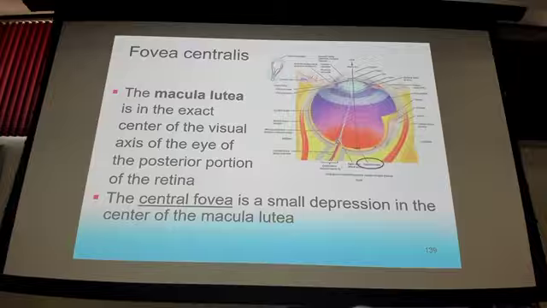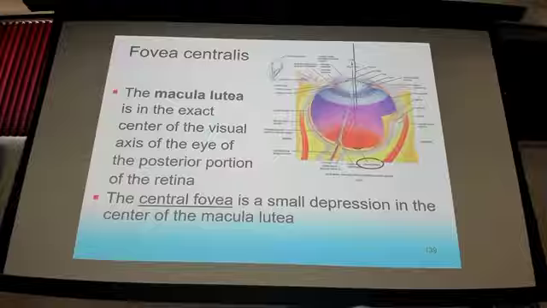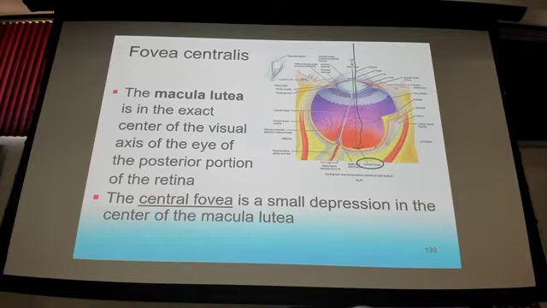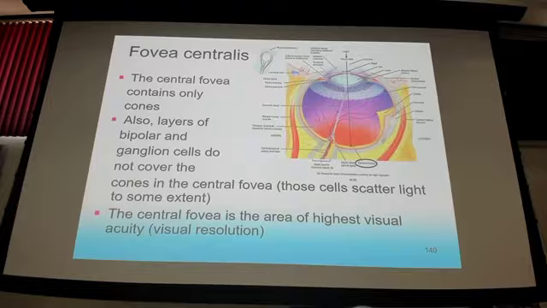As light comes into the eye, goes through the cornea, through the lens, we want the light to strike exactly at the central fovea of the macula lutea. We want it to hit right there. If it doesn't, we're in glasses. Don't dive into that just yet, right? Or you can get PRK like I had, stuff like that.